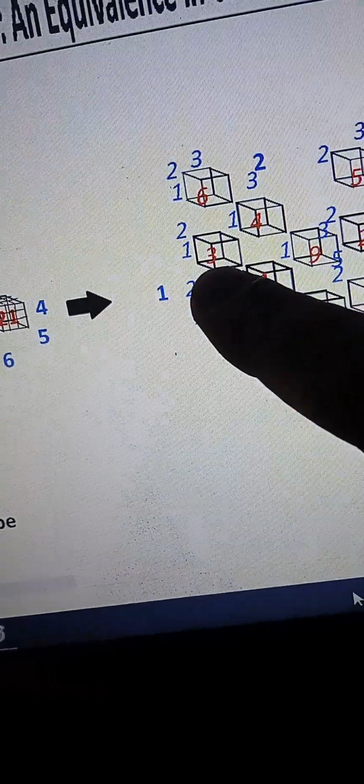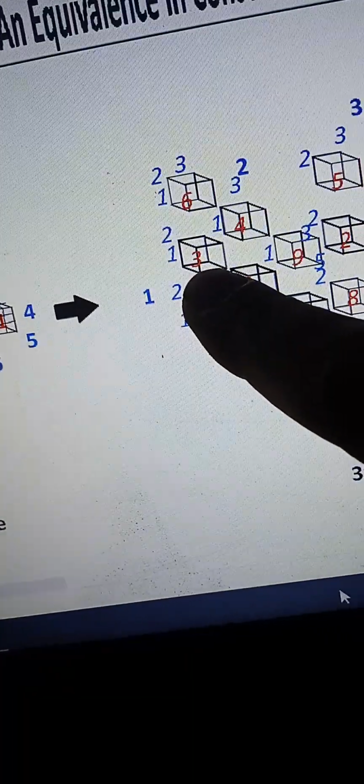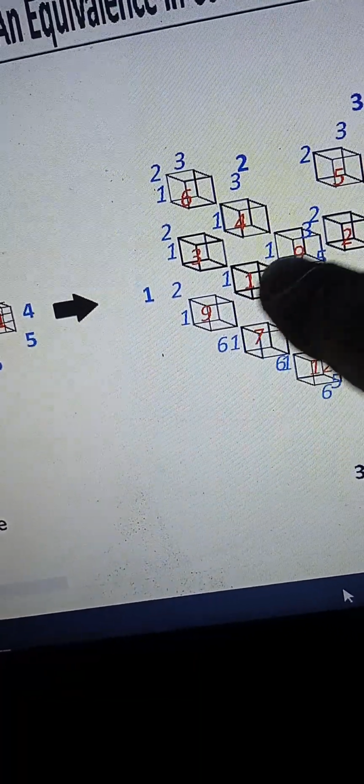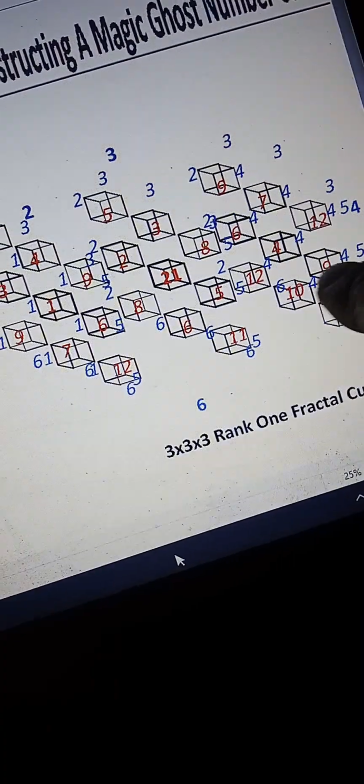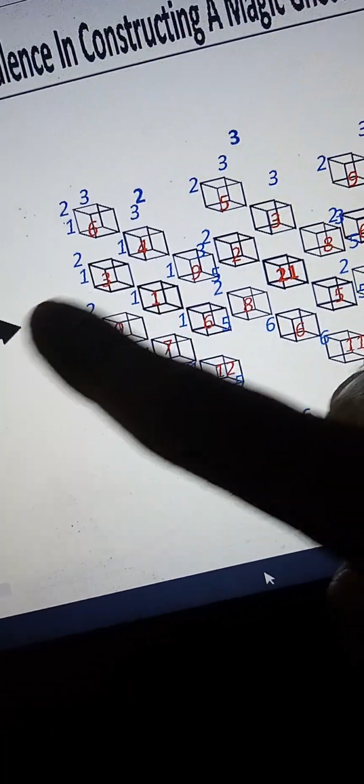But they also introduce the secondary ghost numbers, or the secondary numbers. There's primary numbers, and the secondary numbers come off to the side, and they add together. 1 and 2 over here add to give 3 at that corner. That's the secondary number. The ones along the edges are the secondary numbers. 4 comes from 1 and 3. 6 comes from 1 and 5. 5 and 4 is 9. 9 and 3 is 12 on both sides.